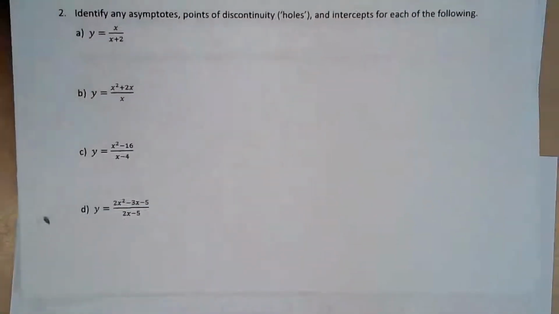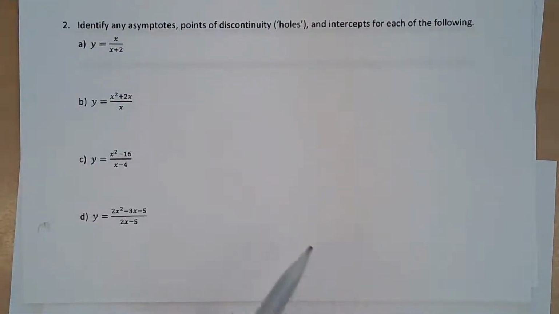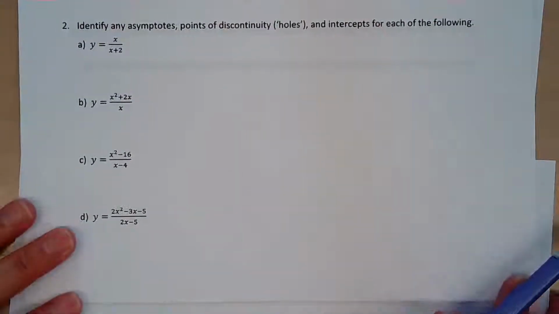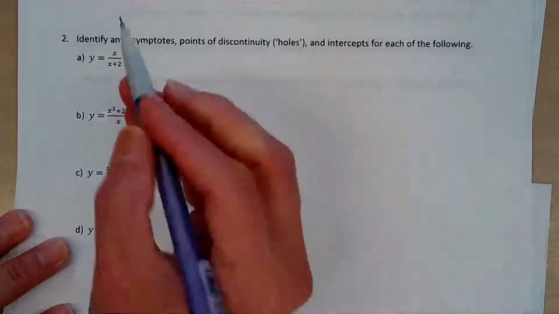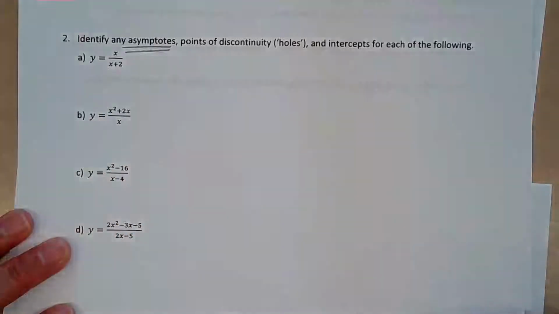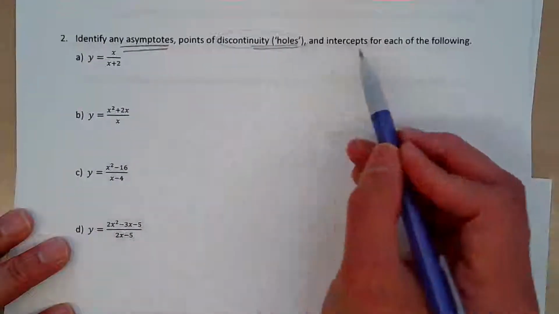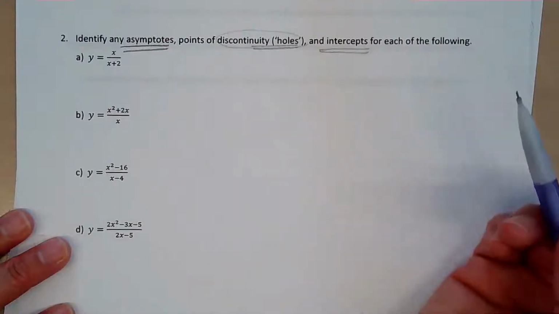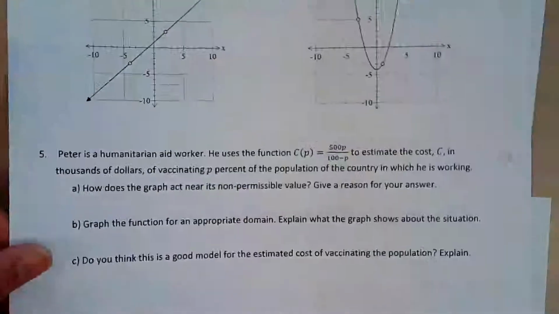Number 2, identify any asymptotes, points of discontinuity, and intercepts. This is something that we've done before, just to brush up our skills on figuring out asymptotes, holes, and intercepts. Should be pretty straightforward.